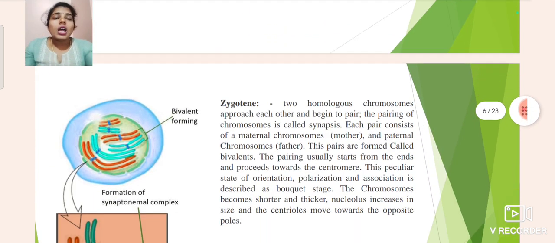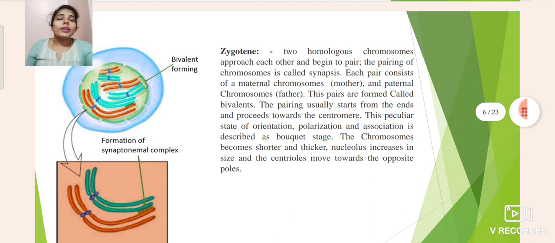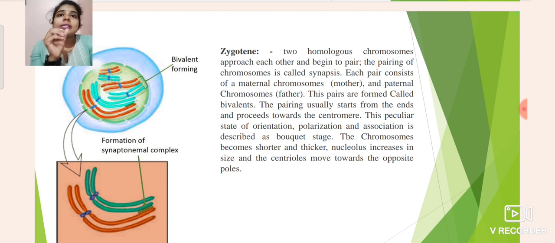Next, after leptotene, the zygotene stage happens. What changes occur in the zygotene stage? Zygo means pairing.